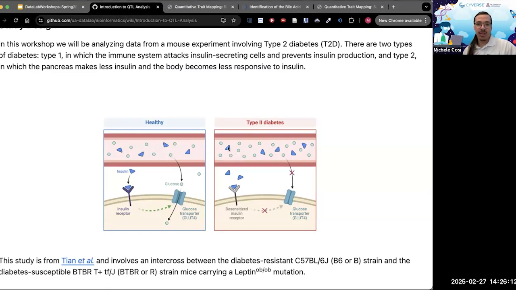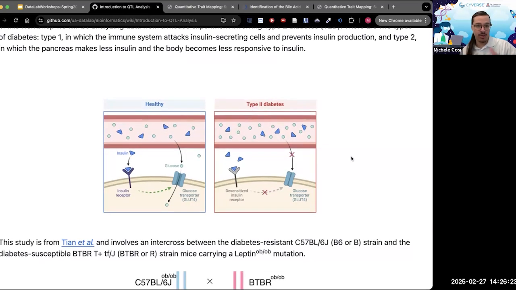Here is an image that simplifies what type 2 diabetes actually does, or what a healthy body does. There is an insulin receptor which will take the insulin from the bloodstream and will activate a glucose transporter, which takes in sugar from the bloodstream.